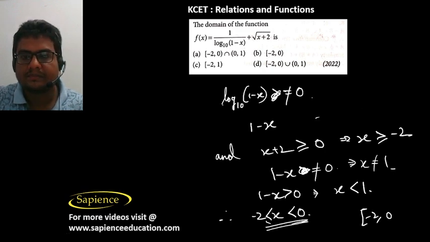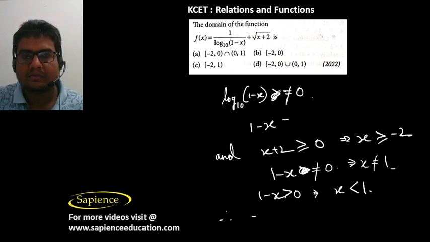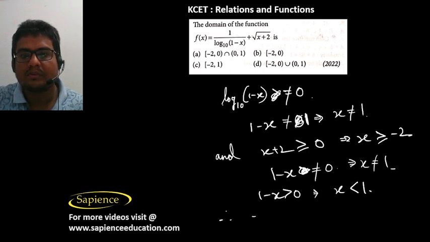And 1 minus x should not be equal to 0, means x should not be equal to 1. Also, the log of this should not be 0, it means this should not be equal to 1. It means x should not be equal to 0.